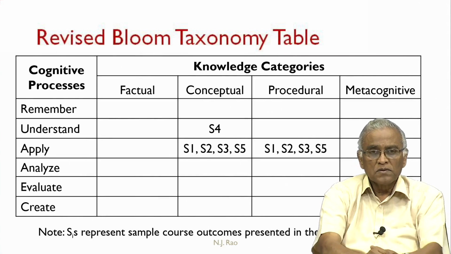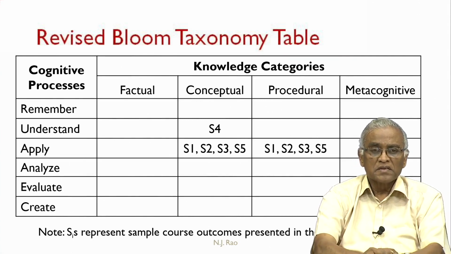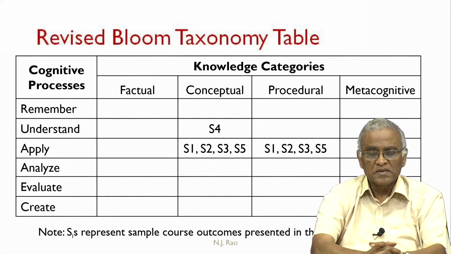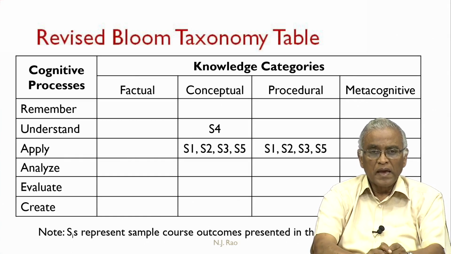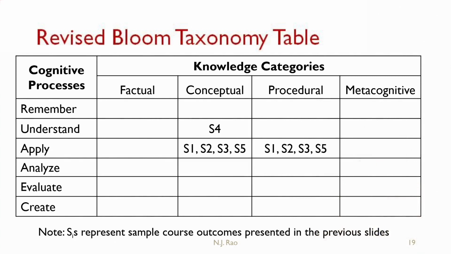Now what we do, we locate these sample statements in the taxonomy table. So for example, S1, S2, S3, S5 all belong to apply, but they have both conceptual and procedural knowledge.